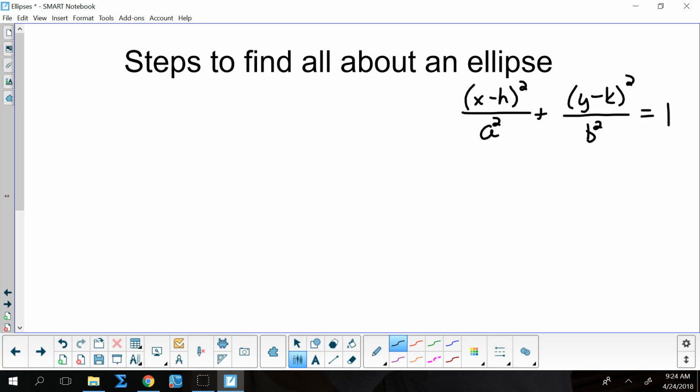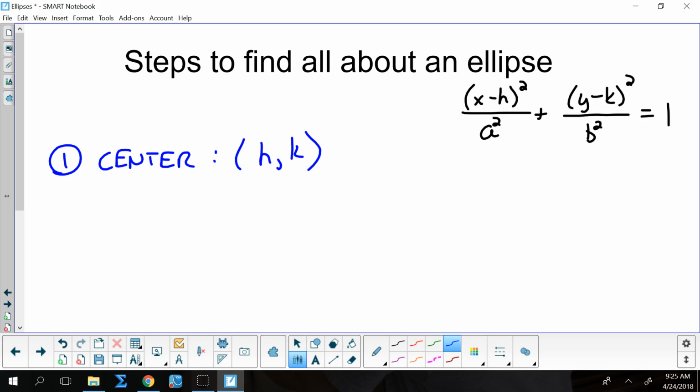We find the center. Where's the center? H comma K. Even though the center is not technically on the ellipse, it's our starting point. Okay? We center that bad boy up, right? Or bad girl, if you prefer.